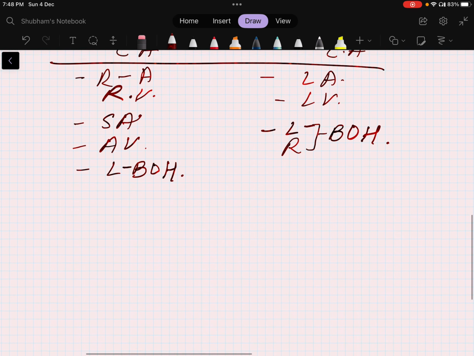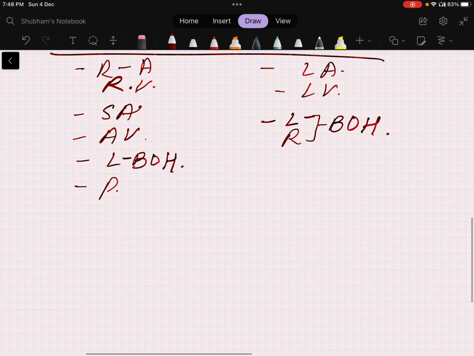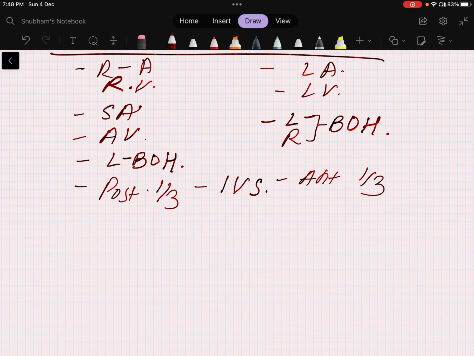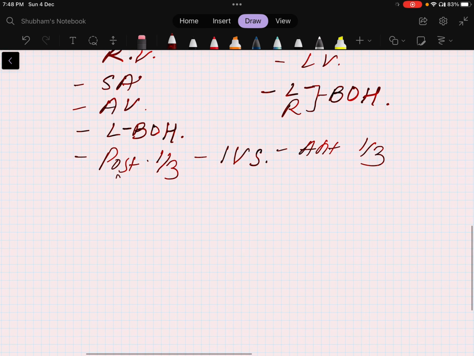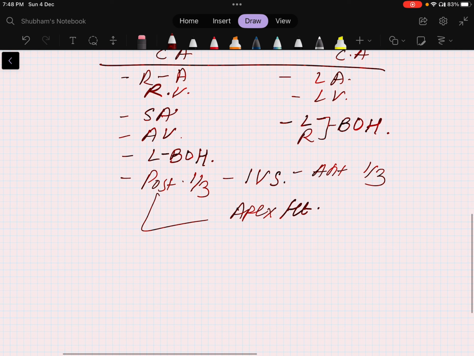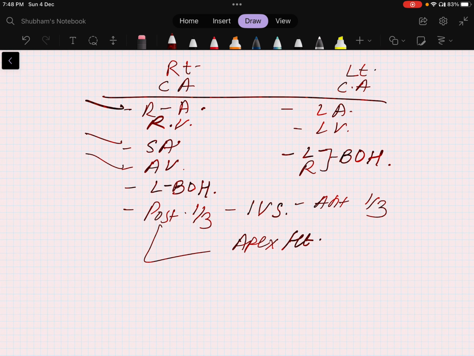You should remember it. And it's simple: posterior one third and anterior one third of the ventricular septum. And then both of them supply the apex of the heart. So you can remember that both balance out with each other.